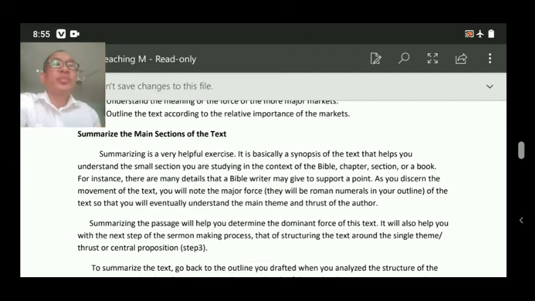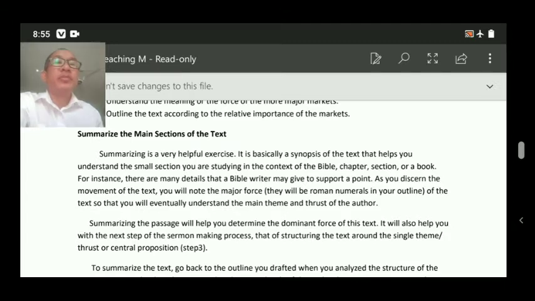Summarize the main sections of the text. Okay, let's go to your notes. Summarizing is a very helpful exercise. It is basically a synopsis of the text that helps you understand the small sections you are studying in the context of the Bible, chapter, section, or a book.